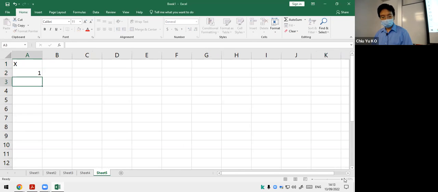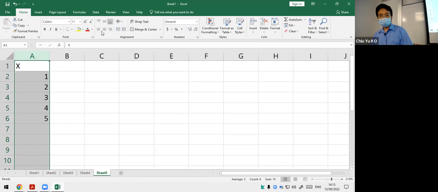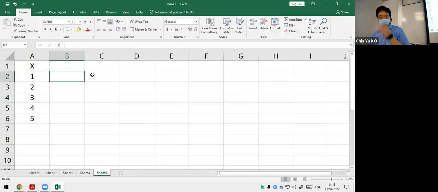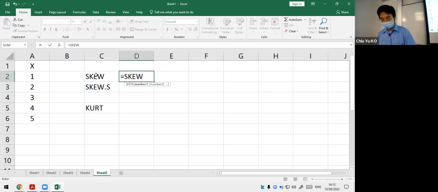X: 1, 2, 3, 4, 5. We will do three things here: skew, skew sample, and sample excess kurtosis. Skewness will be just SKEW.P, and put it there. This will be the skew.